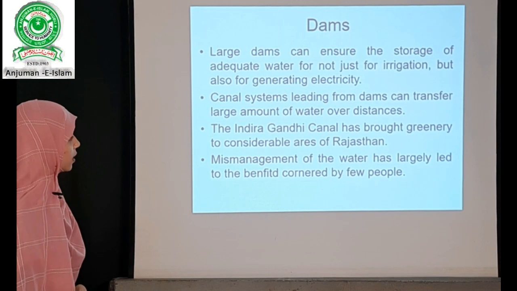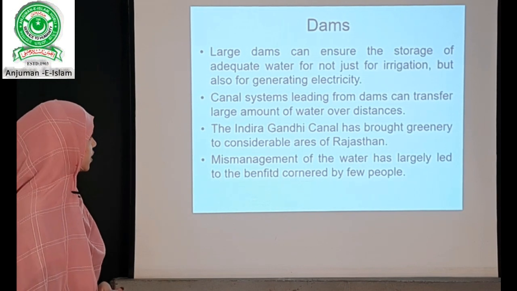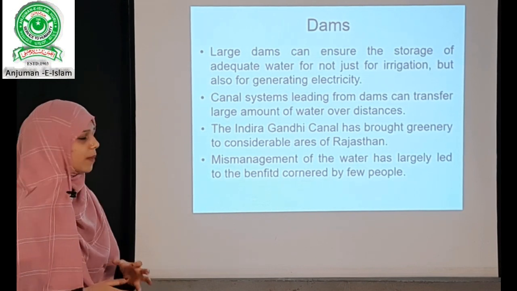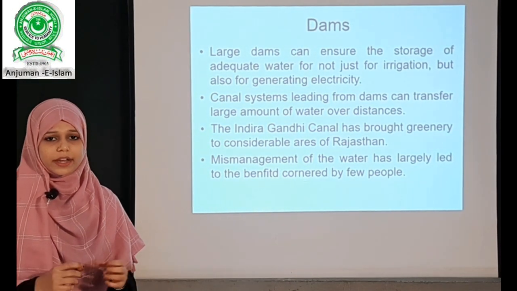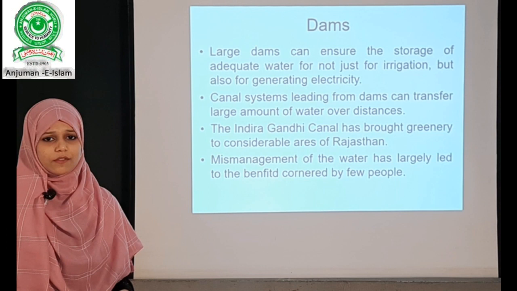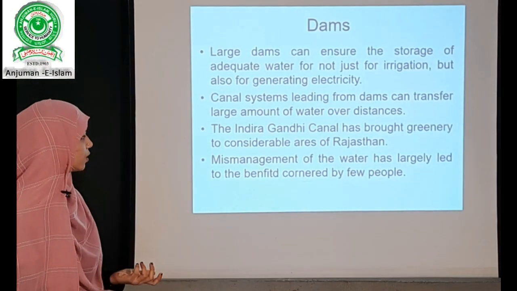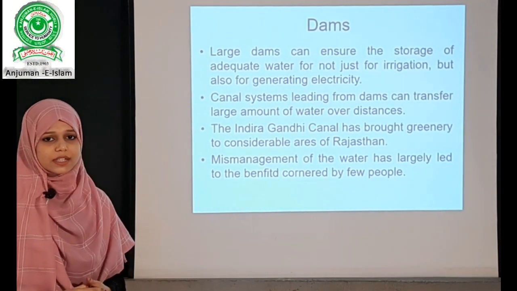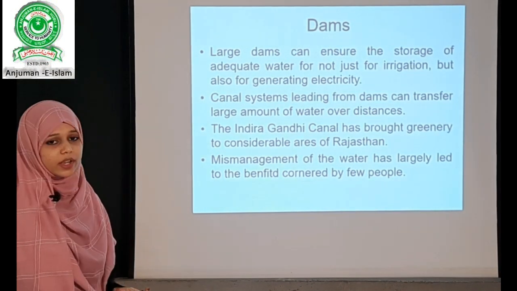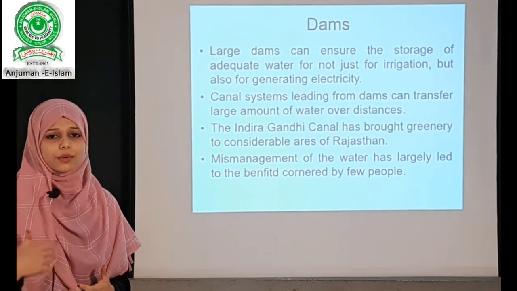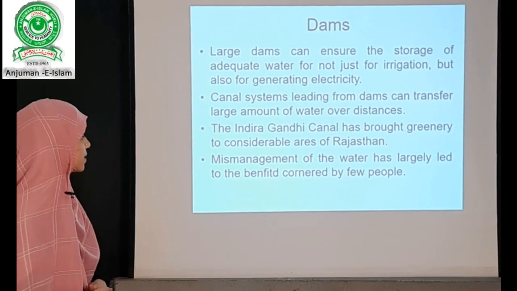The Indira Gandhi Canal has brought greenery to considerable areas of Rajasthan. By using this canal system, especially this Indira Gandhi Canal, it has connected so many villages that it has brought greenery to the villages, because in Rajasthan you can see there is a shortage of water, right? So because of the canals, they were able to bring greenery. That is, they were able to use the water for irrigation.